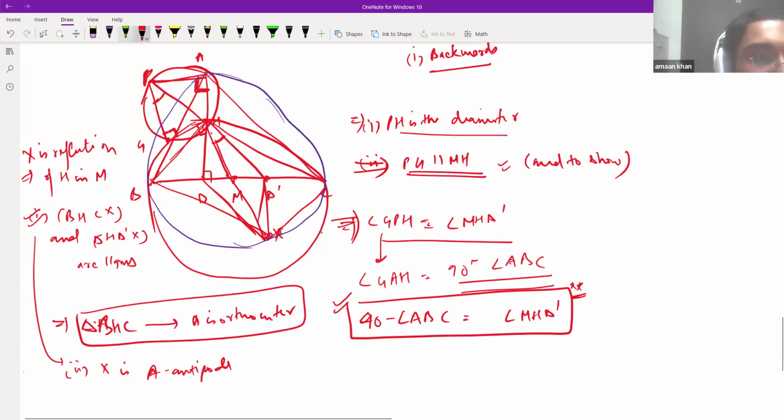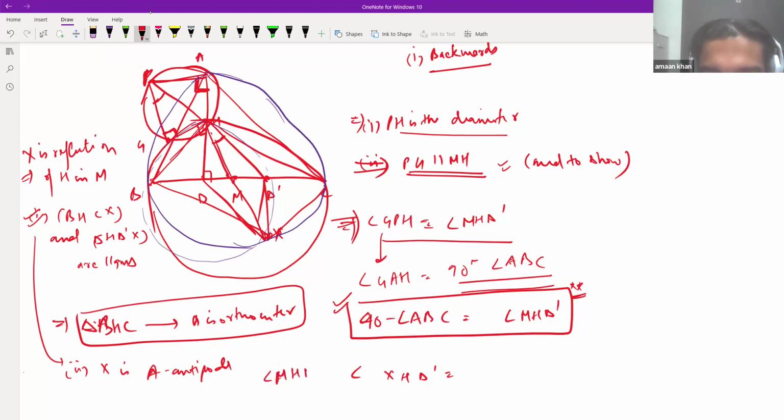So what he's trying to say is that you need to show this is cyclic. Yes, this is correct. Does everyone get how he is reducing it to proving this is cyclic? What he said was, I'll just repeat it: angle XHD' is equal to angle MHD' because these are collinear.